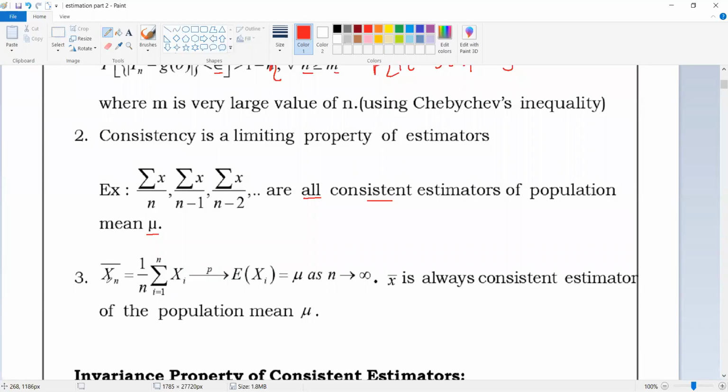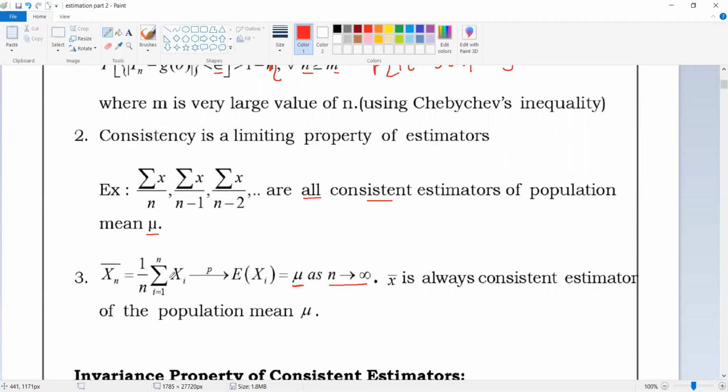Example: the sample mean x bar, 1 by n summation xi. By using Khinchin's law, or by Chebyshev inequality, it converges in probability. So summation xi by n is x bar. The expectation of xi exists, so we can write that summation xi by n converges in probability to E of xi, and E of xi is equal to mu as n tends to infinity.